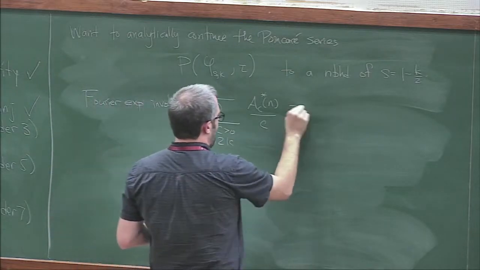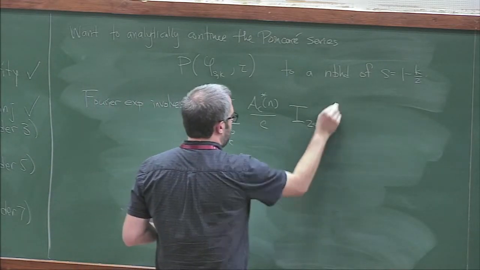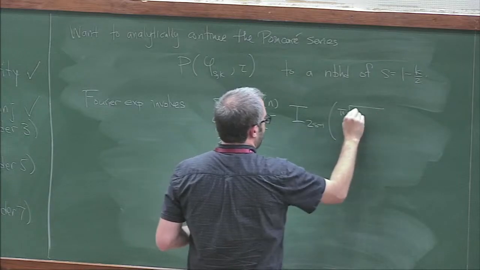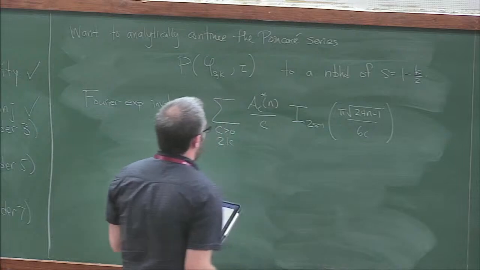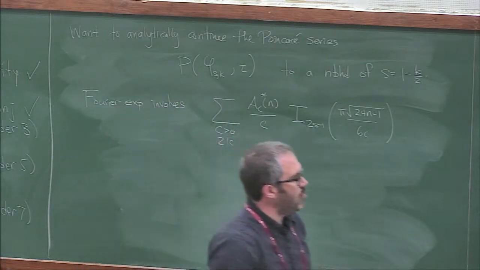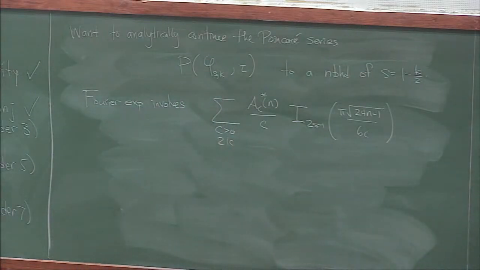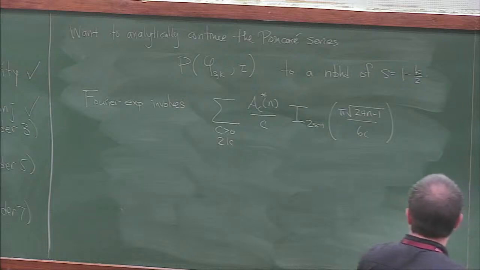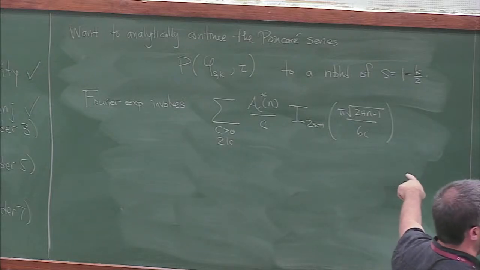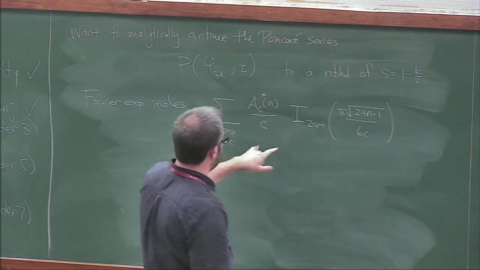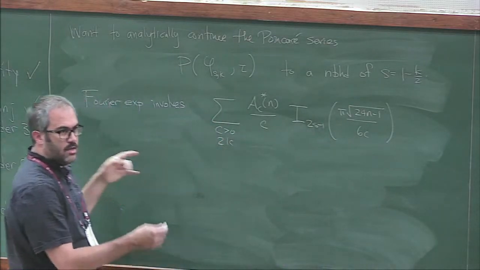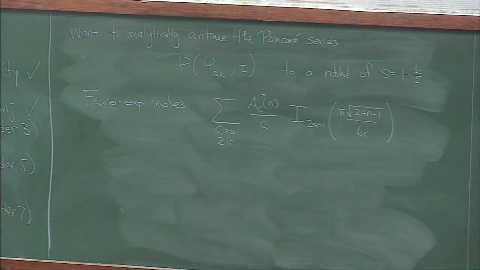And then an I Bessel function of order 2s minus 1 of pi squared root of 24n minus 1 over 6c. And that looks an awful lot like the thing we want. And let's see, if I plug s equals 3/4 into that, I do get 1/2. So if I can plug s equals 3/4 into here, then I'm done, assuming I can show that my Poincare series is equal to this f of q.